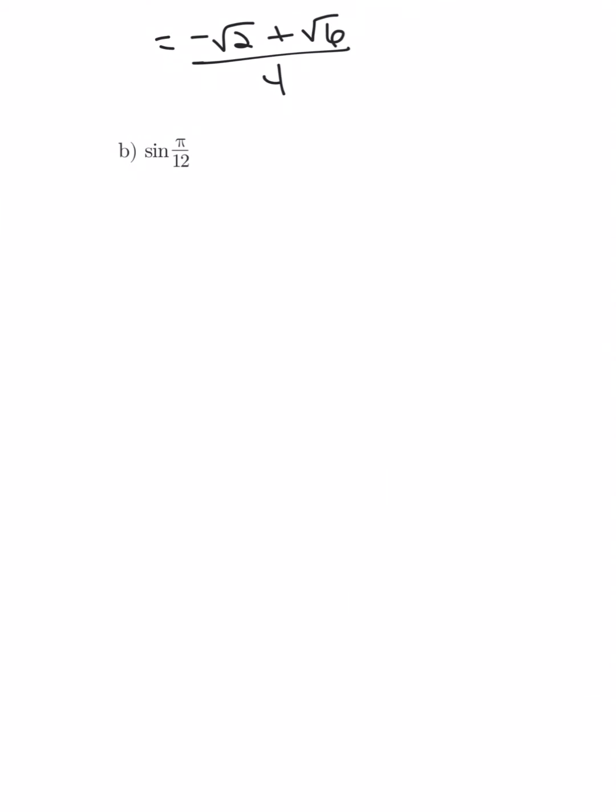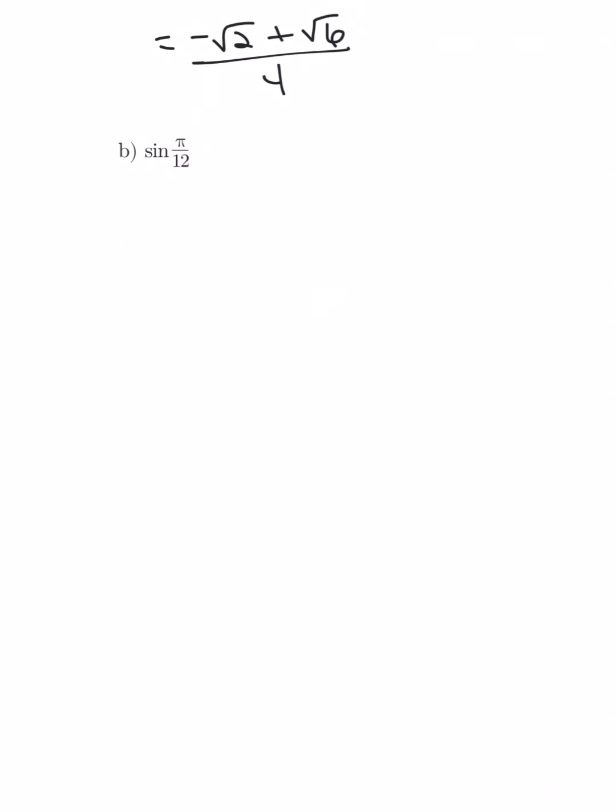On B, we have the sine of pi over 12 that we need to find an exact value for. Over 12 is not one of the angles that's on our unit circle. So we have to find things that, if we wrote them over 12, would simplify to be angles that are on the unit circle.